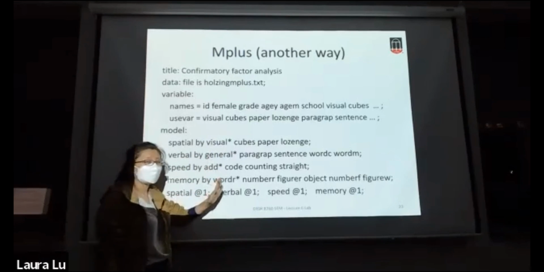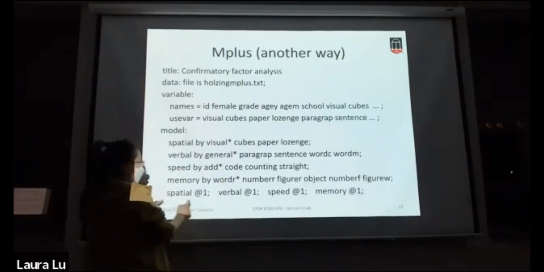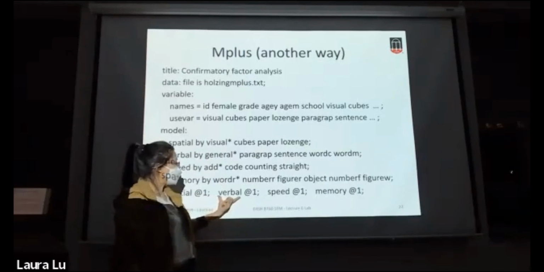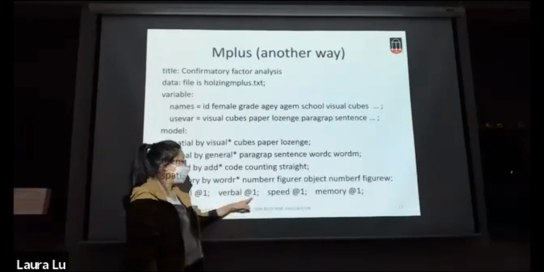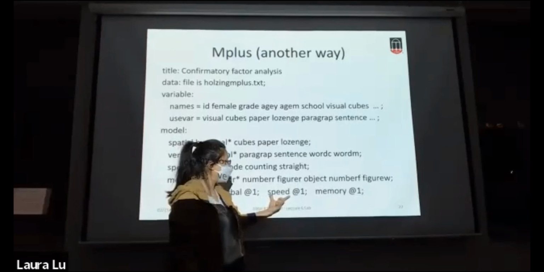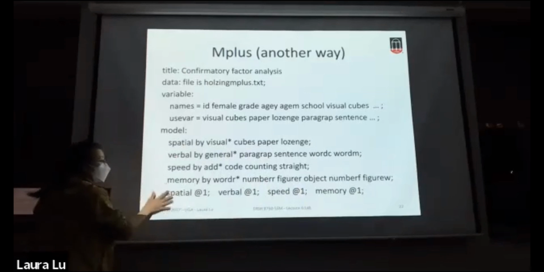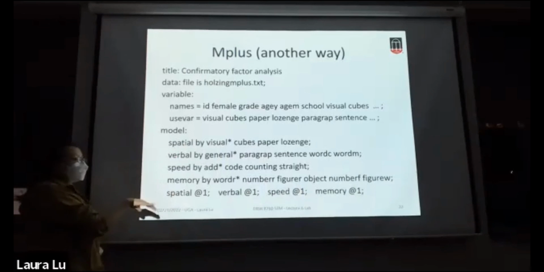Instead, I'm going to fix the variance of the latent variable at 1. The latent variable spatial, the latent variable speed, variance fixed at 1.